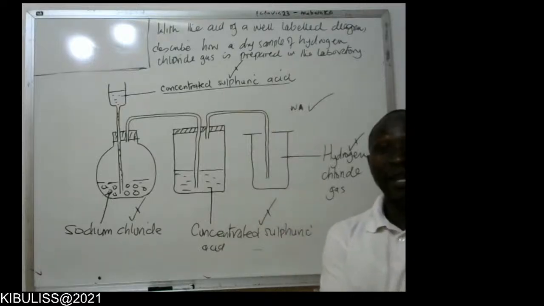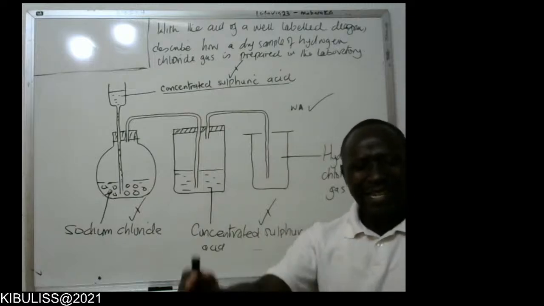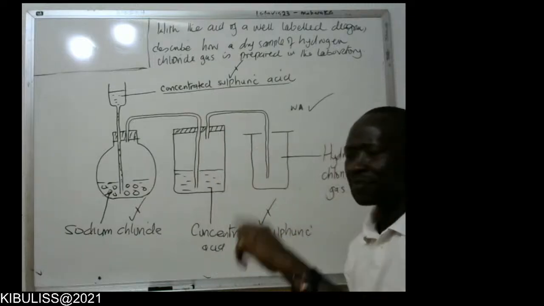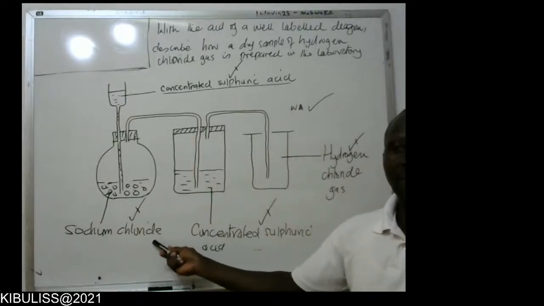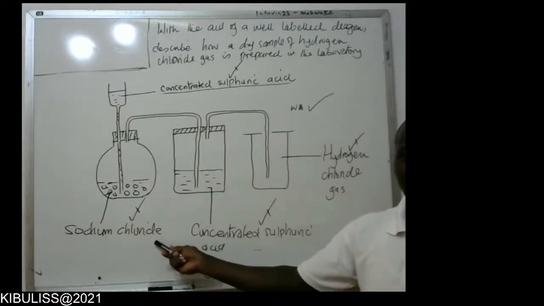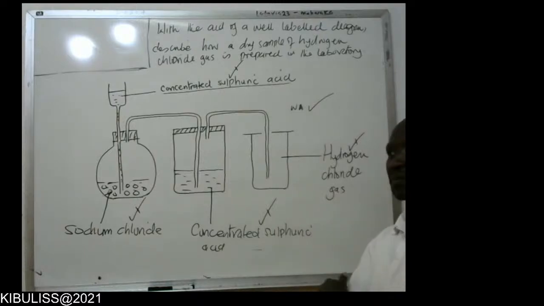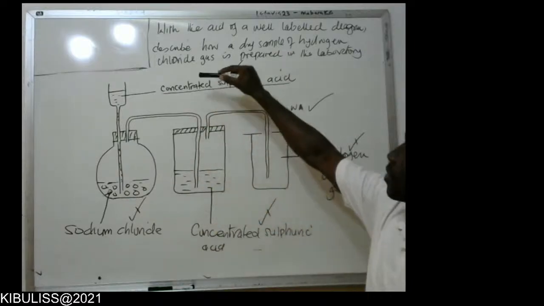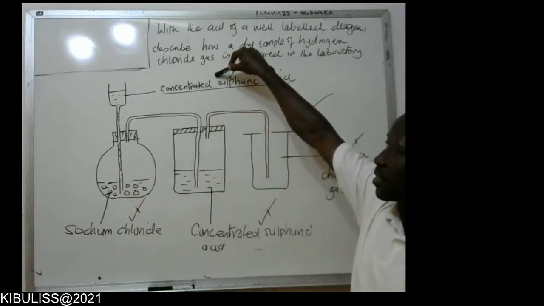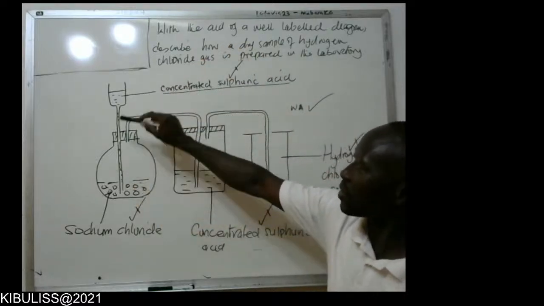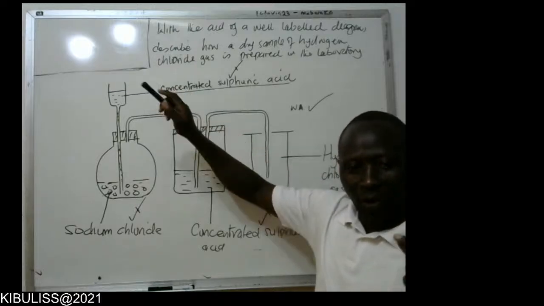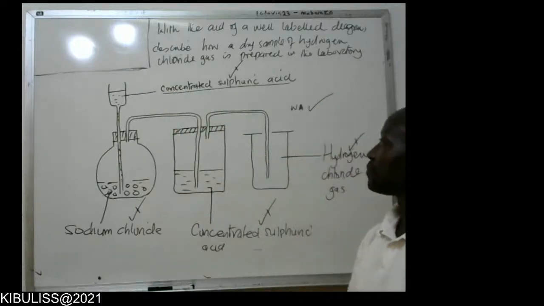So what is the explanation? Our standard essay always says sodium chloride is put in the flask because it is a solid. Statement number 1, complete. Statement number 2, concentrated sulfuric acid is poured down into the flask through the thistle funnel because it is a liquid.